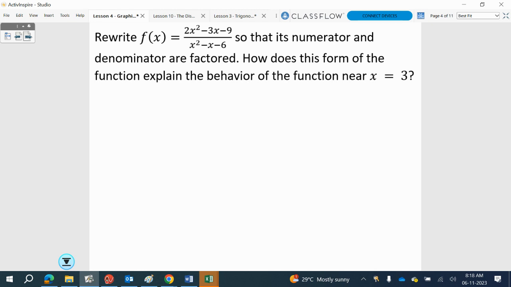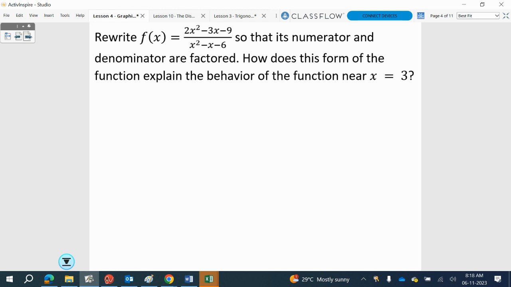Here we have it. What have we got? 2x squared. I need this.